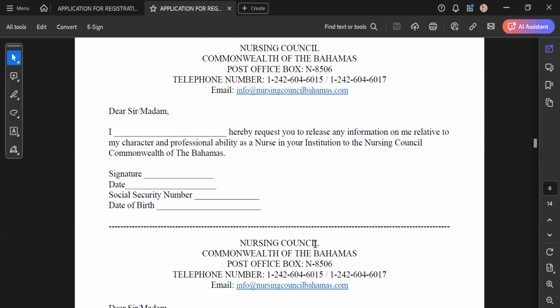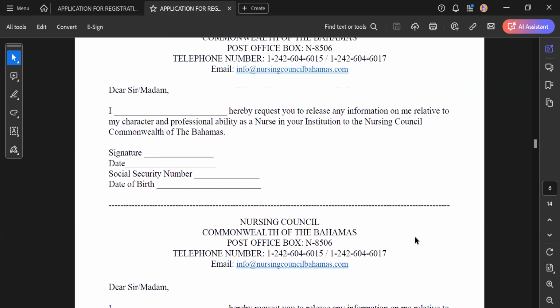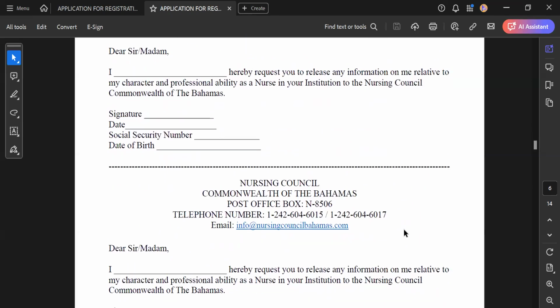So are we sending the two to Bahamas, because I see a line underneath? That's what I'm asking. The first one says, I hereby request you to release any information on me relative to my character and my professional ability as a nurse in your institution to the council. So that is the school.